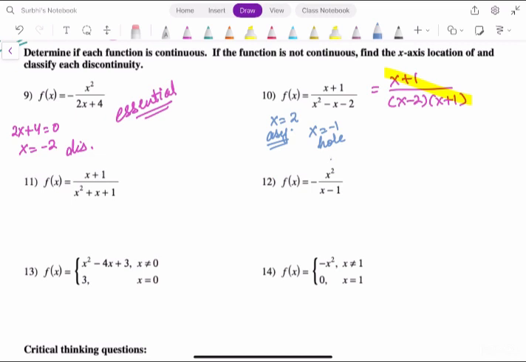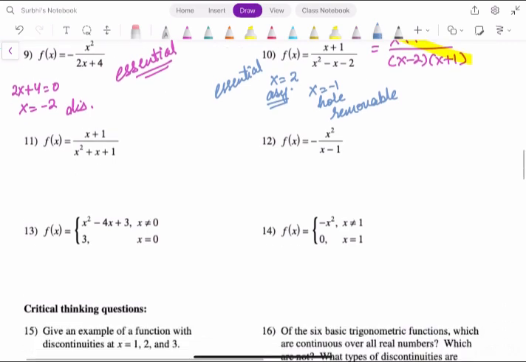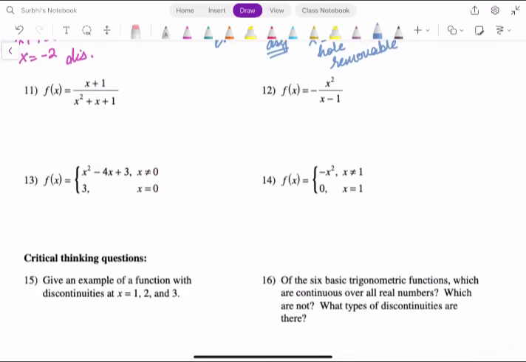So there are two things that are working here. We have essential discontinuity at x is equal to 2, and also removable discontinuity at x is equal to negative 1. Right? So this is a very interesting example because we have two types of discontinuity in the same problem.